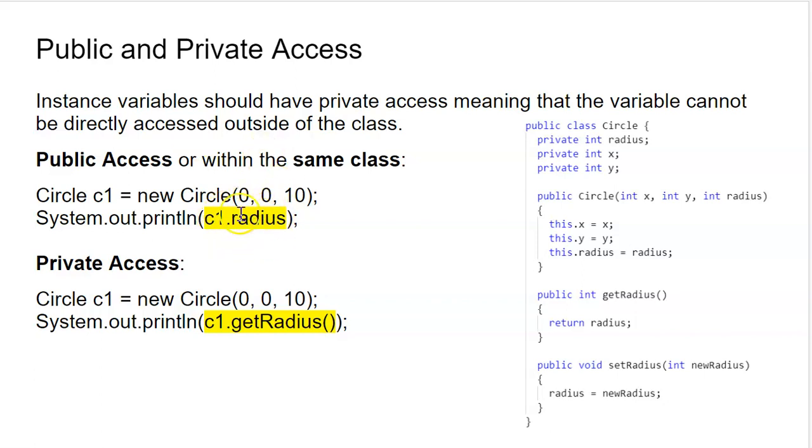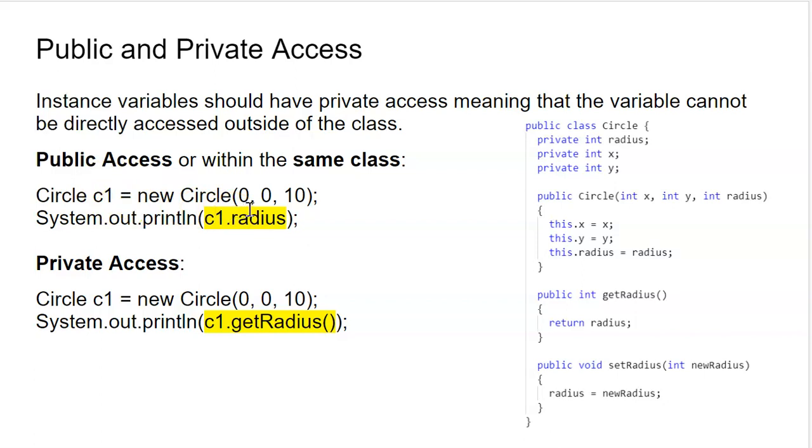So c1.radius would give me access to the radius of circle 1. I couldn't just say System.out.println(radius) because whose radius are we printing? Are we printing circle 1, circle 2? I don't know. So you would have to specify which circle you're printing the radius of.